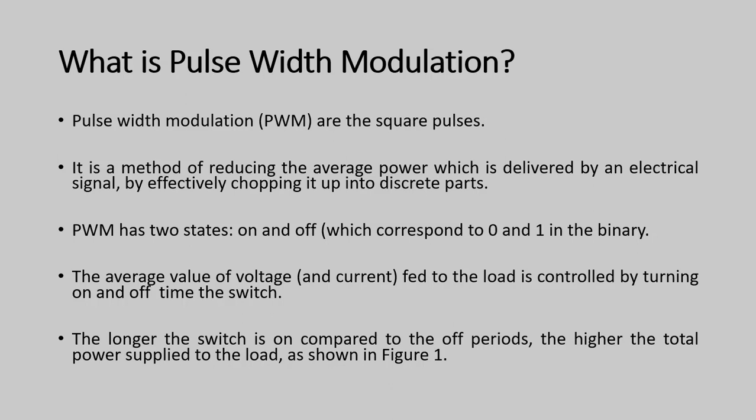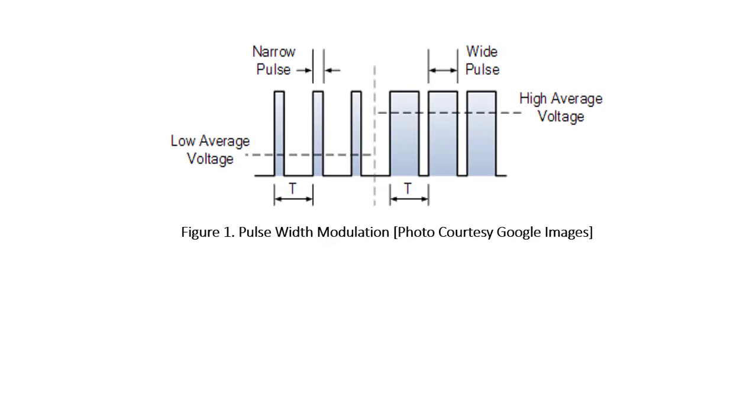So we are going to refer to figure 1. As you can see in this figure, there are narrow pulses and there are some wide pulses. What does it mean by narrow pulses?